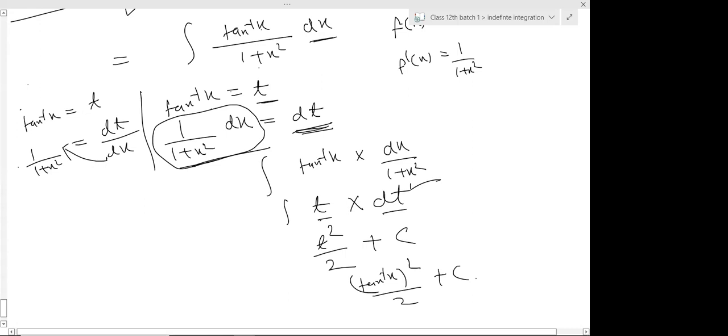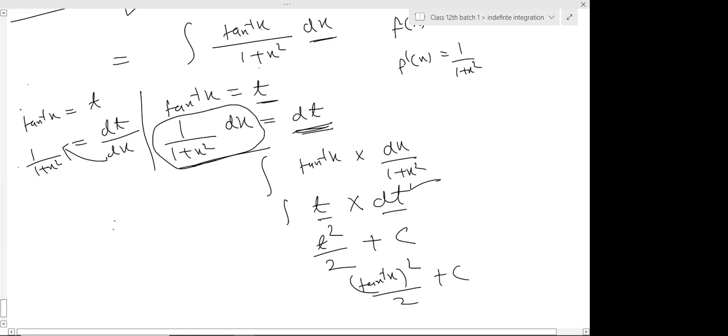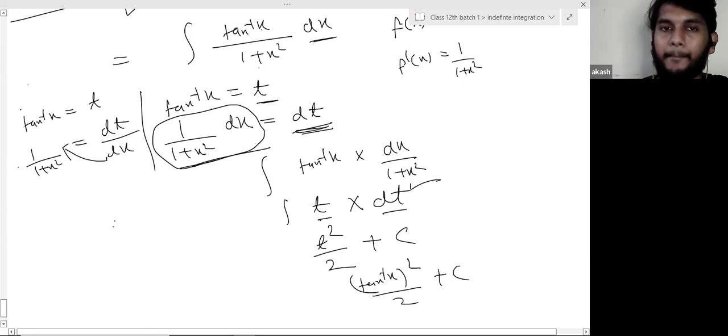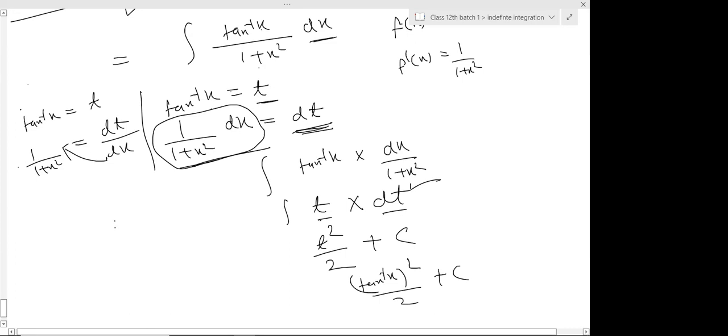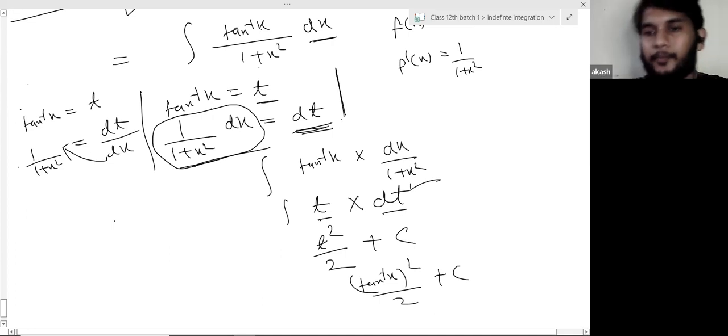I did not. Sir, can we substitute directly as t and dt? I do not understand what you want to do. The first two parts, right? We substitute tan inverse x is equal to t in that. If we avoid that and we directly substitute tan inverse x is equal to t and write that, do we lose any marks? Yes, it's better to show this thing, right?